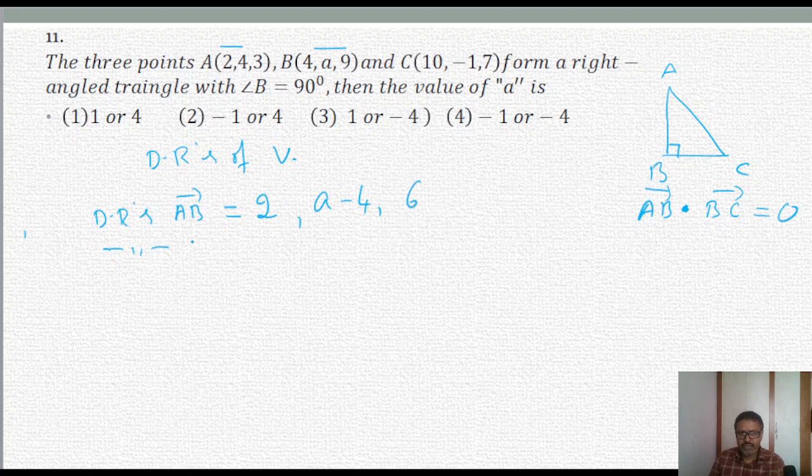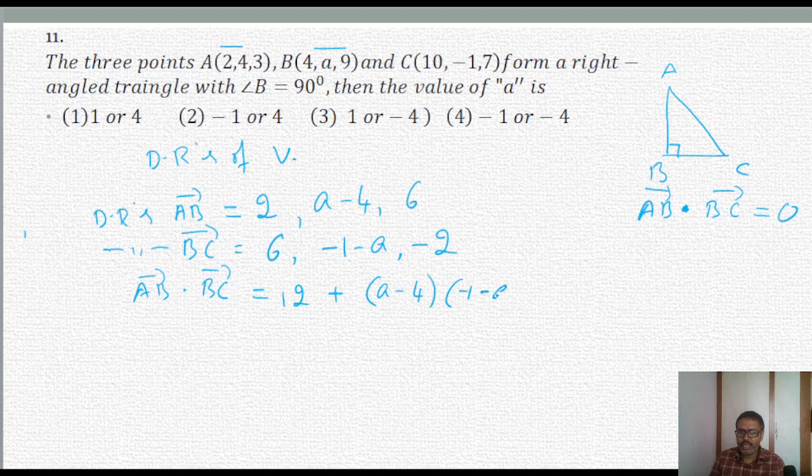Similarly, direction ratios of BC are 10 minus 4 is 6. Then it is minus 1 minus a, and 7 minus 9 is minus 2. That's it, got everything. AB dot BC will give you 2 into 6, 12, plus a minus 4 into minus 1 minus a, plus minus 2 into 6, minus 12.